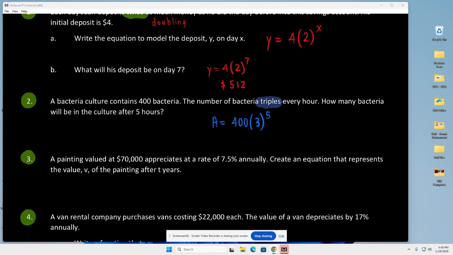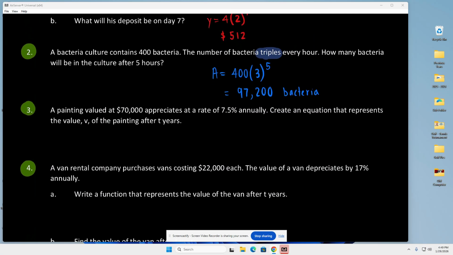That's how many hours we're talking about specifically. That's my T, that's my time, 5 hours. So if I type that in, 400, open parentheses, 3, close parentheses to the 5th power, there will be 97,200 bacteria. So hopefully you got that one right. Let's keep on moving.